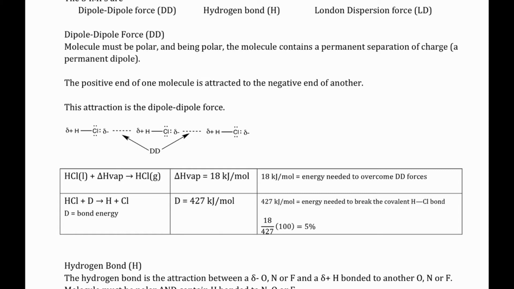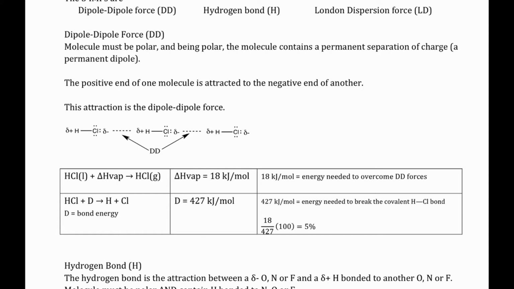By contrast, if we take HCl and we want to break the bond between the hydrogen and the chlorine, break that covalent bond to give H atoms and Cl atoms, then we have to supply a much larger amount of energy. For HCl, that is 427 kilojoules per mole.